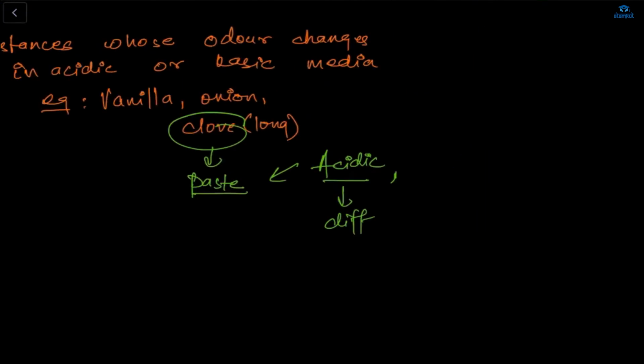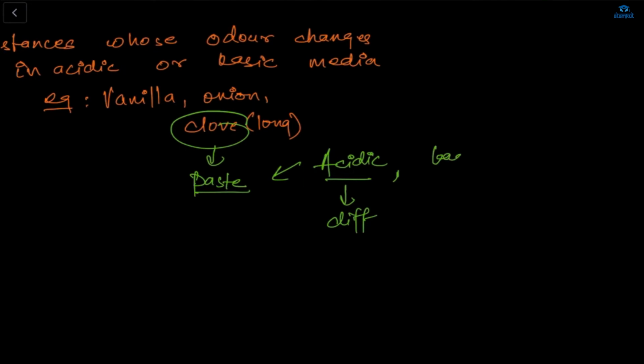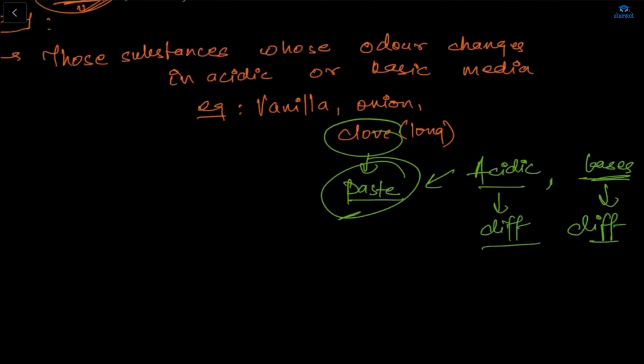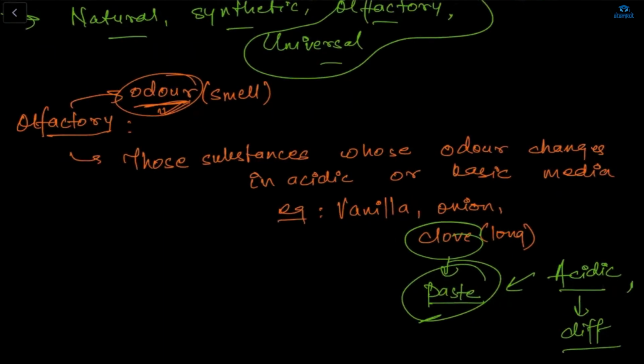If we add bases to this paste, then also the smell will be of a different kind. The natural paste has a different smell, the acidic paste a different smell, and the basic paste a different smell. That's the meaning of olfactory.